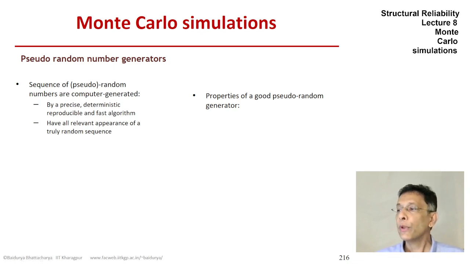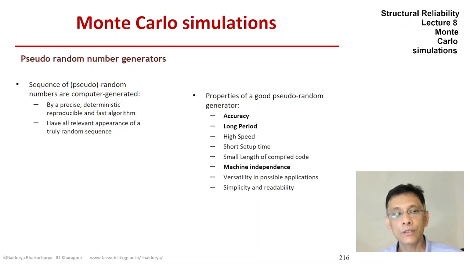Now we would like such pseudo-random number generators to have a set of desirable properties, especially the ones highlighted in bold. Accuracy, which means they must be IID uniforms. They must have a very long period. Period means the sequence length after which it starts to repeat itself, so all the IID characteristic is lost.